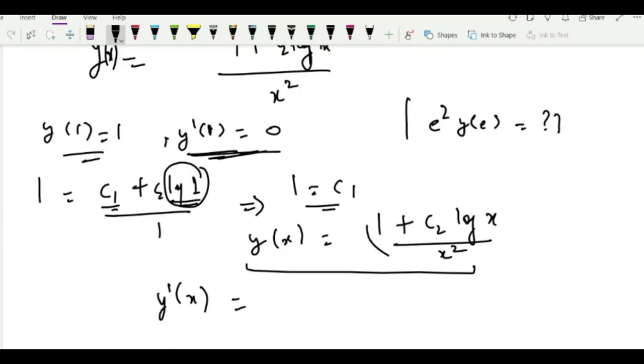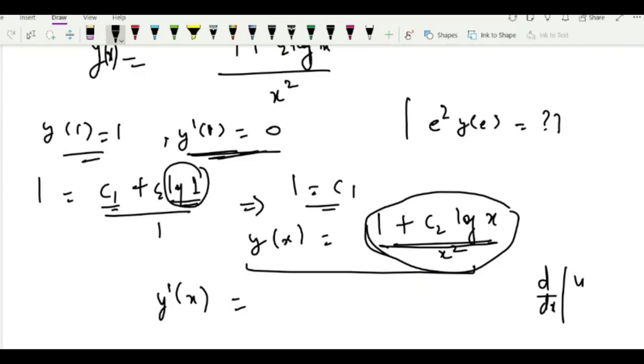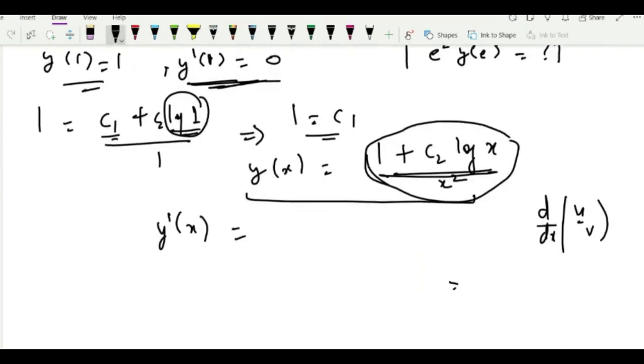For taking the derivative of this kind of expression, we apply the u by v rule. The derivative with respect to x of u by v is equal to (v as it is, the derivative of u, minus u as it is, the derivative of v) upon v square.